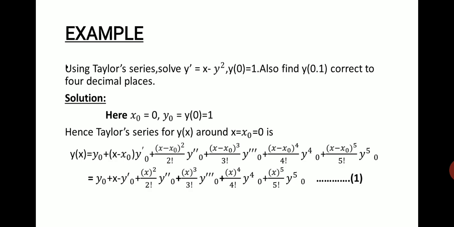Since x0 is 0, x minus 0 is x, so y of x is equal to y0 plus x y dash of 0 plus x square upon 2 factorial y double dash of 0 plus x raised to 3 upon 3 factorial y triple dash of 0 plus x raised to 4 upon 4 factorial y raised to 4 of 0 plus x raised to 5 upon 5 factorial y raised to 5 of 0.